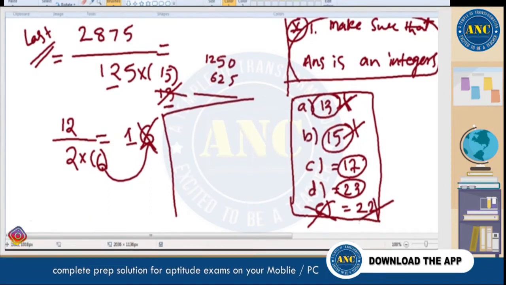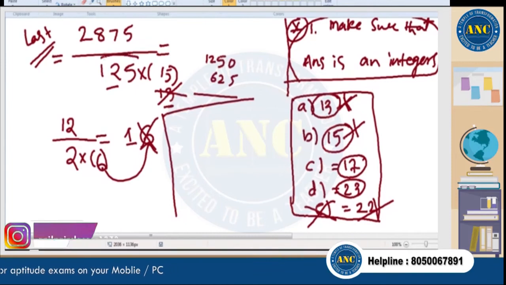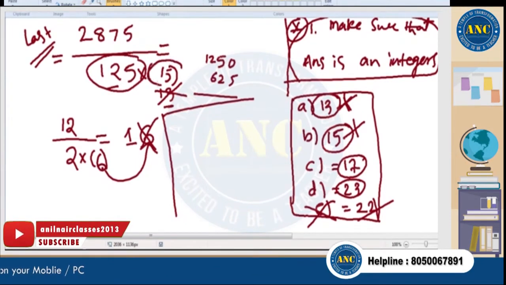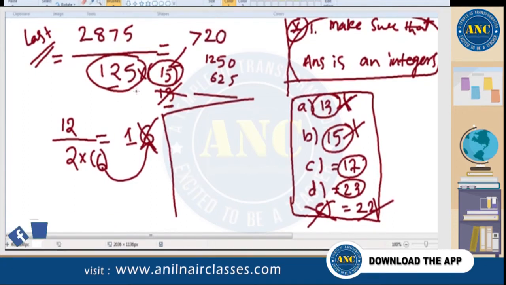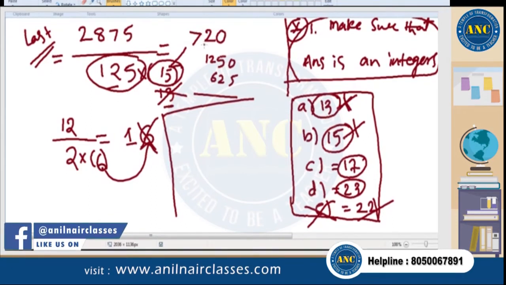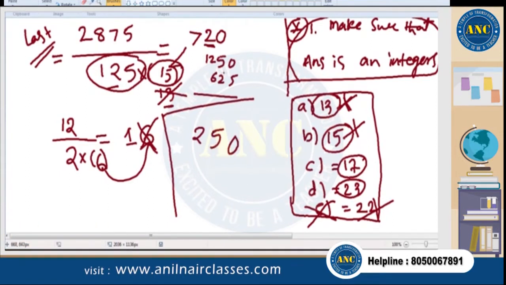22 is already eliminated. So I can say one more thing here, this number should be greater than 20, sir. Why, sir? 125 2s are 250. If it is 20, it will become 2500.